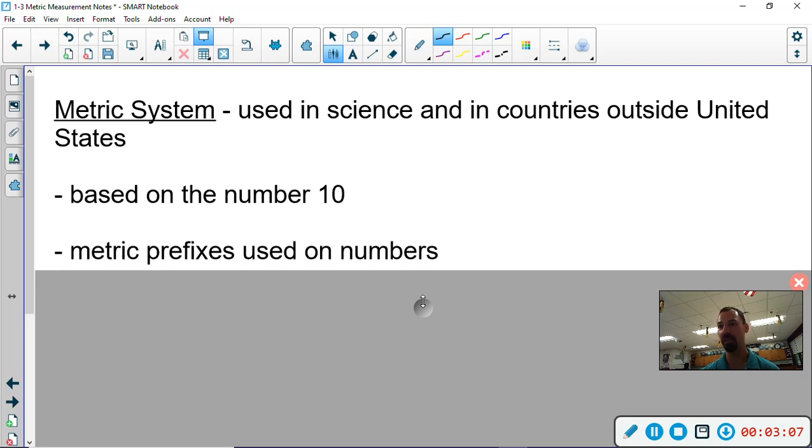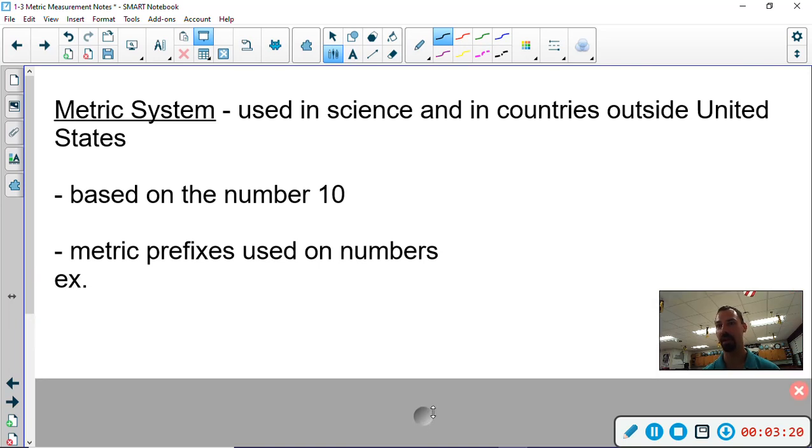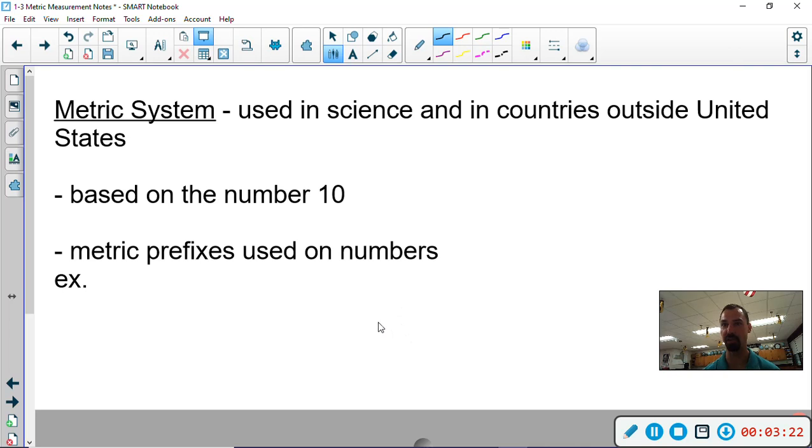Metric prefixes are used on the numbers, so centi, milli, kilo. All right, they all are the different metric units or quantities, basically. So I'll just write down a few of them.